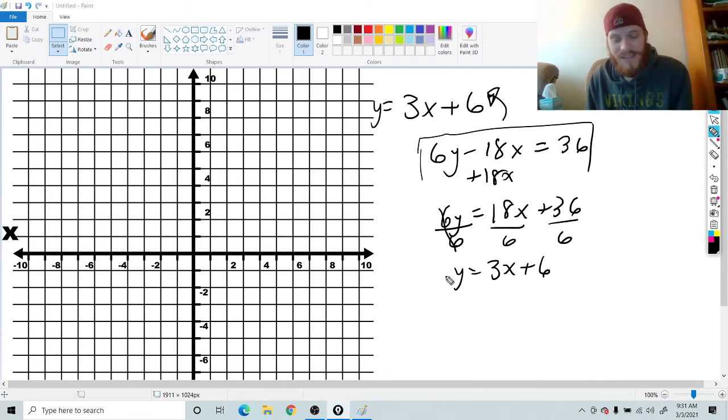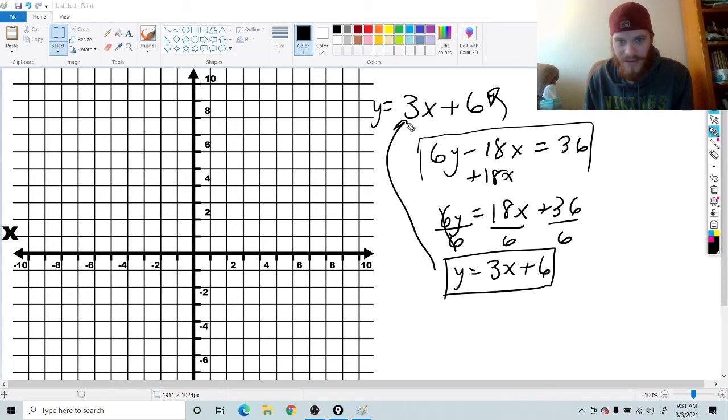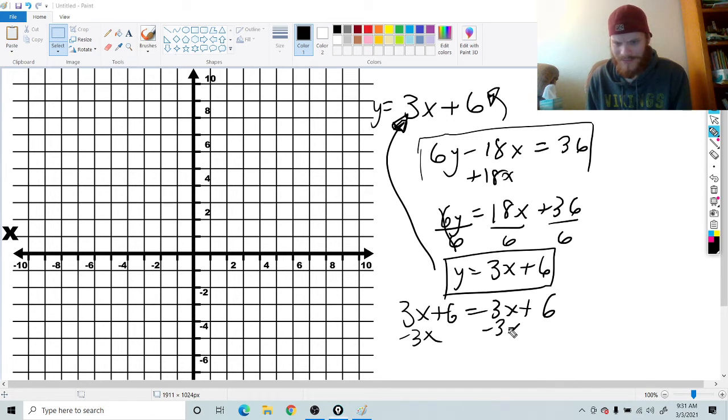Now, if you'll notice, this right here and this right here are the exact same thing. So when I set those equal to each other, the 3x is going to cancel. Well, that's weird. That disappeared. And the 6 is going to cancel.